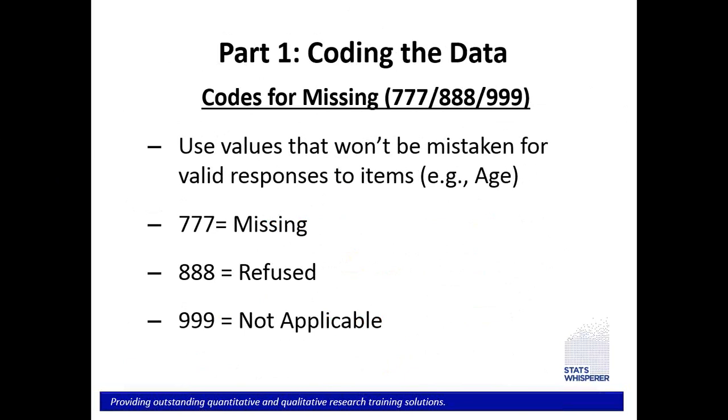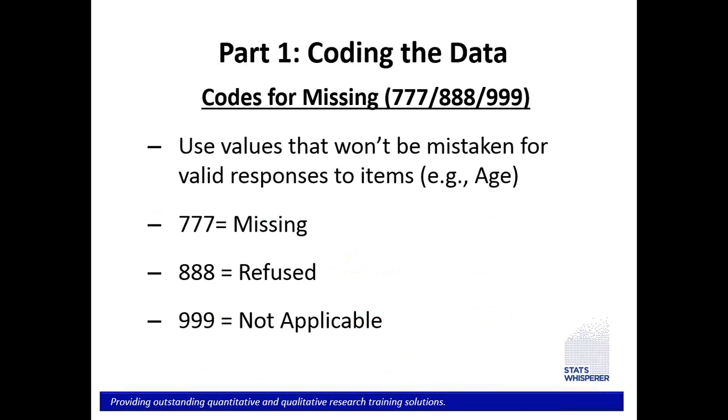If we put 999, obviously we know they're not 999 years old, so we could see that's a missing data point. So we usually put in 777 when the item's just missing. When you get a survey back and there's just no answer for that item, we put 777.